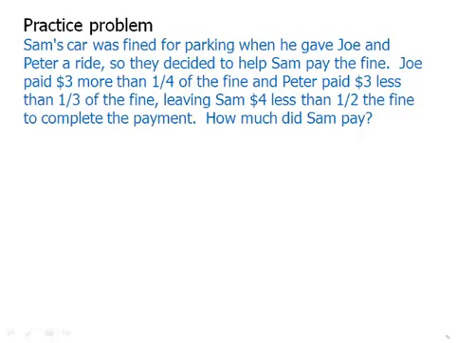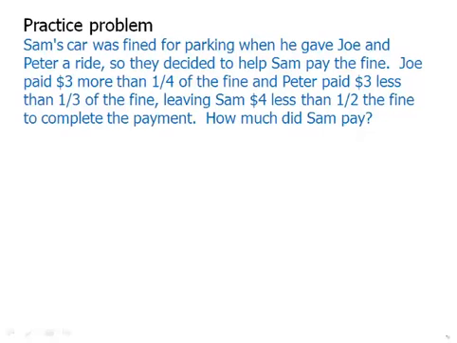Wow. Well, first of all, notice that everything there is expressed in terms of the fine. So, in other words, the fine is the conceptually central concept, and for every person, how much each individual paid is related to some fraction of the fine. So it makes the most sense to say that our single variable is going to be the fine itself.